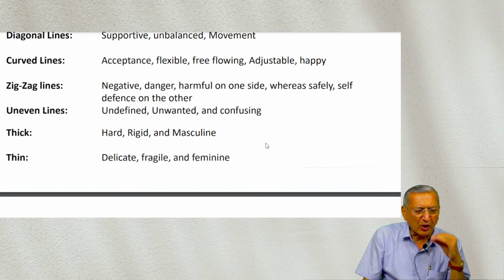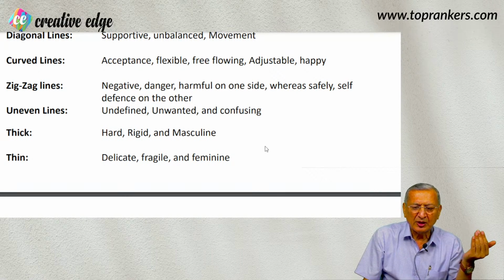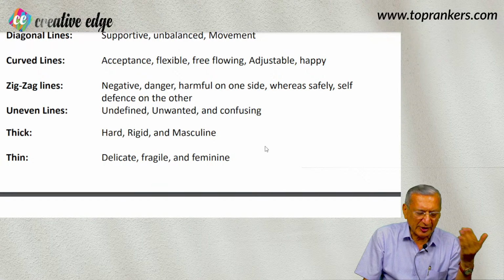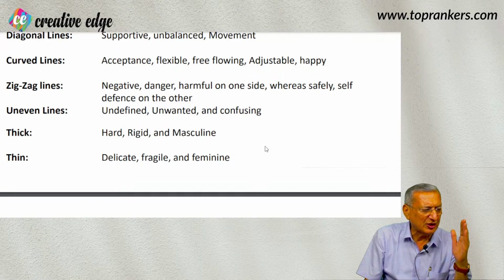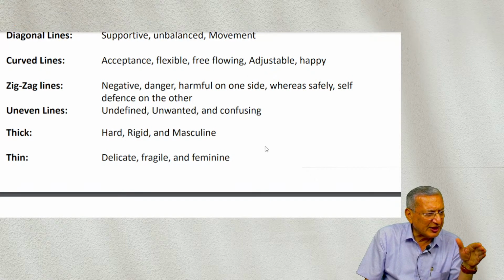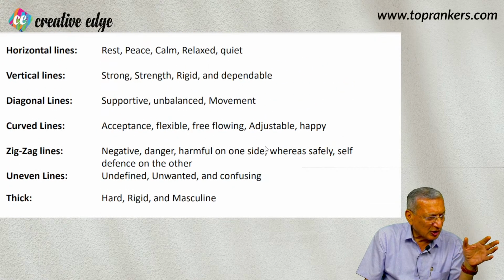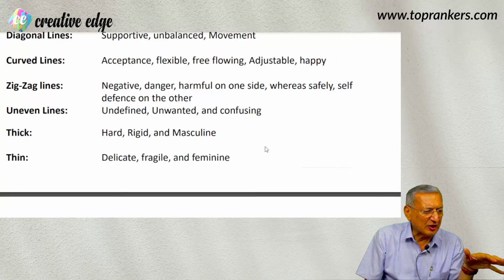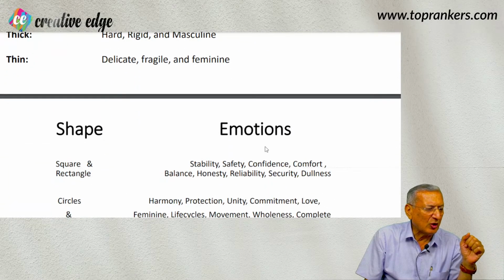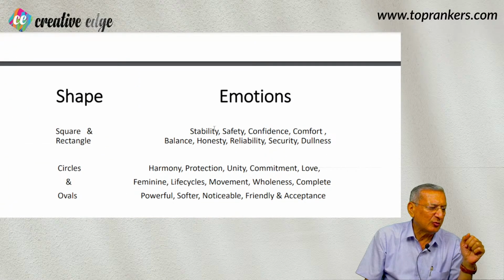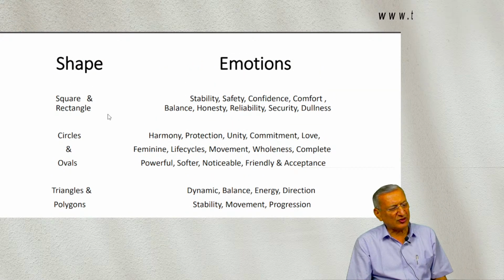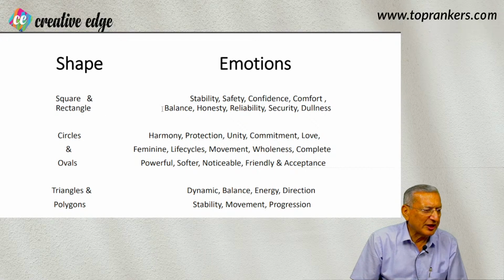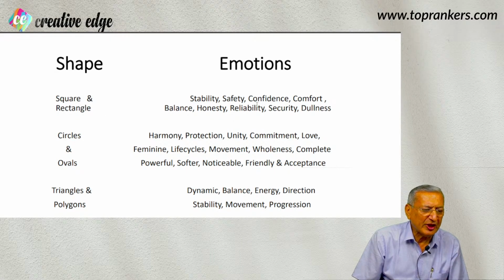So even when you are drawing the lines in the decoded areas, on the blank sheet given to you, once you have decoded the emotions from the picture, then you start deciding from one of these or a combination of these kind of lines. Not only lines, you can also take up the shapes and their emotion. For example, square and rectangle, if you are drawing a square or a rectangle, you can expect stability, safety, confidence.